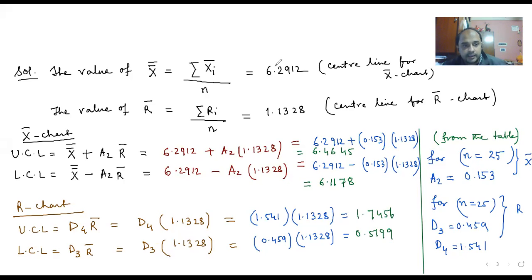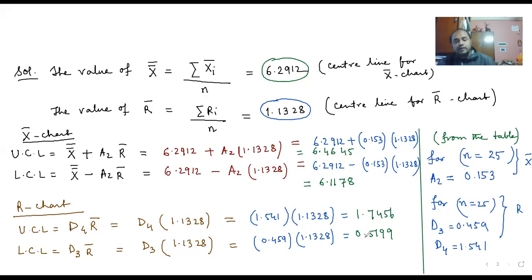So we have got the X bar value as the center line, and its corresponding upper limit is 6.4645, and LCL is 6.1178. The R bar is given as 1.1328; its corresponding UCL is 1.7456, and its LCL is 0.5199.